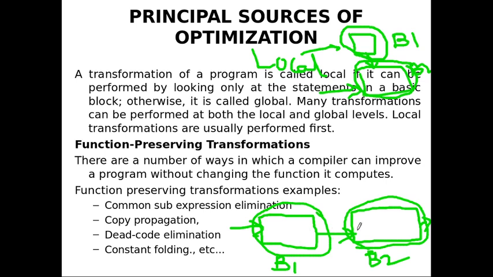After doing the local optimization for each and every basic block, when you combine more than one basic block, that means basic block 1 and basic block 2, in other words, when you are optimizing the instructions under block 2 by using block 1, or optimizing the statements of the code under block 1 by using block 2, at that moment that optimization is technically called global.